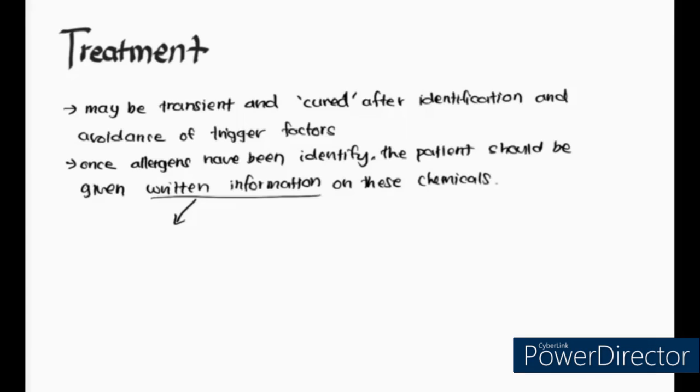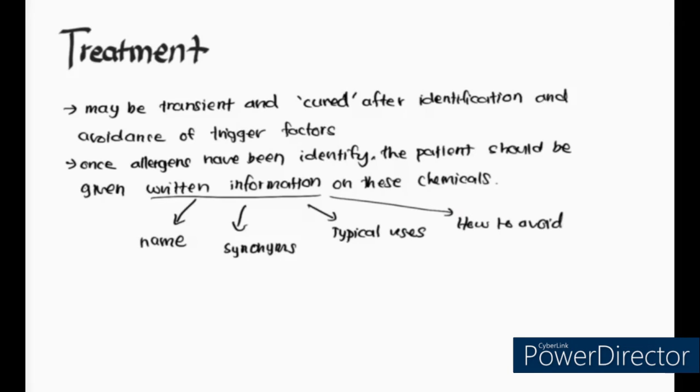Once allergens are positively identified, the patient should be given written information on all of these chemicals. The information sheets should contain the name of the chemicals, the possible synonyms, typical uses for the chemicals, how to avoid exposure, and when appropriate, the substitution.